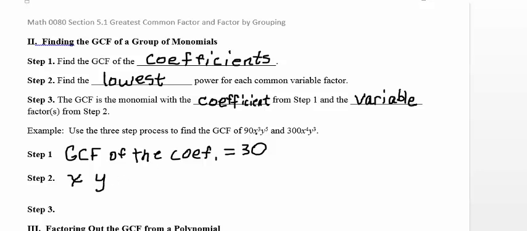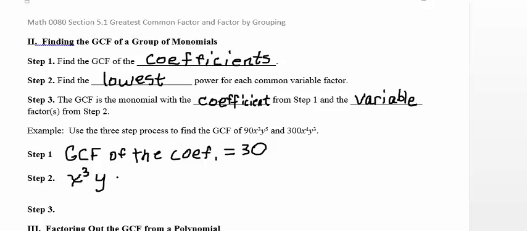There's x to the 3rd in the first monomial and x to the 4th in the second monomial. So the lowest power that ever appeared on x is the power that goes on x in the GCF.